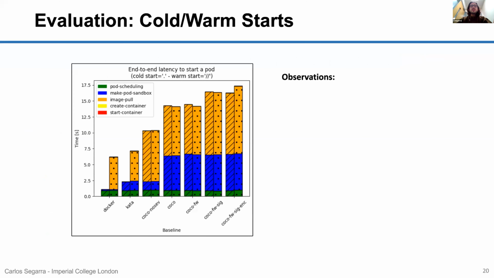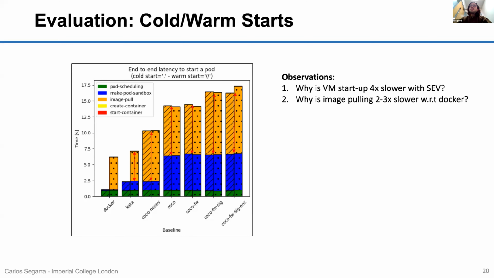The truth is that by running Knative services with confidential containers instead of regular Kata containers, we bump cold starts from 7.5 seconds to 17.5 seconds. This is because starting the pod is 4 times slower, and pulling the images is 2 to 3 times slower.